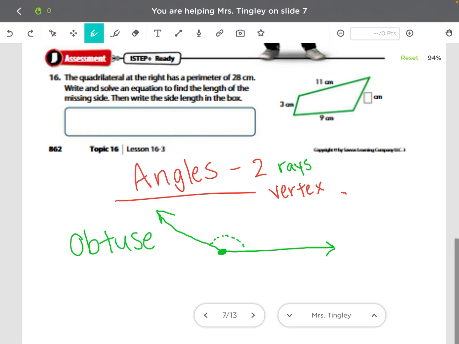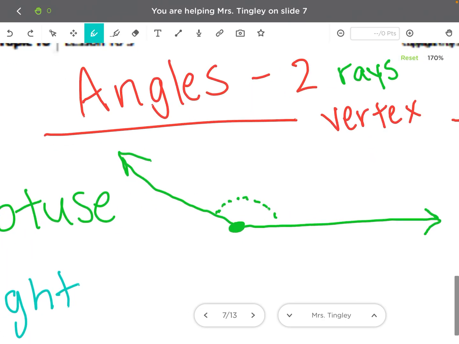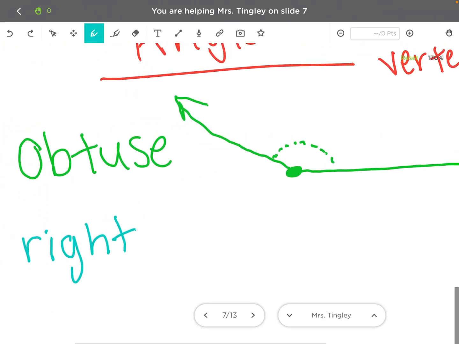Grab a blue. Now we're going to look at a right angle, and we'll see how that compares. A right angle has a ray going straight up and a ray going straight to the side. One completely vertical and one completely horizontal.